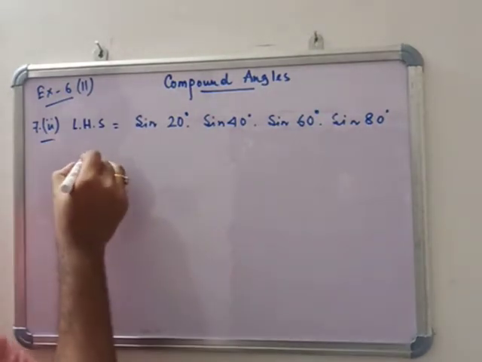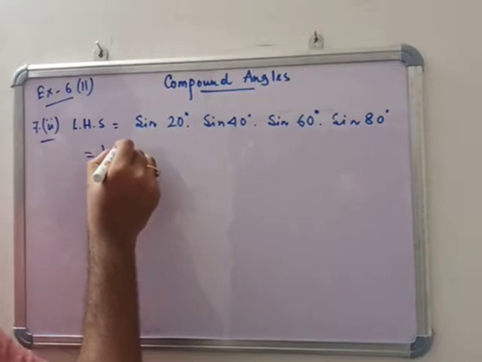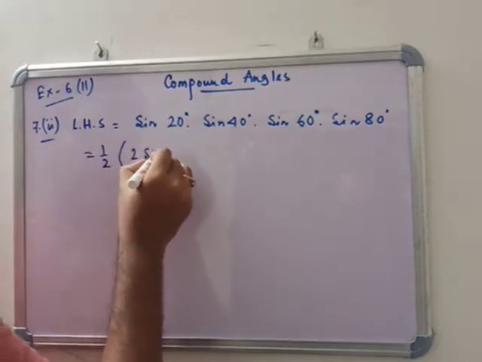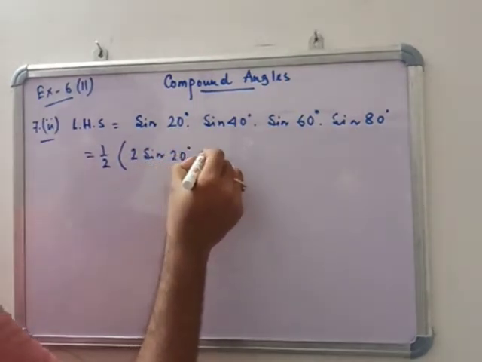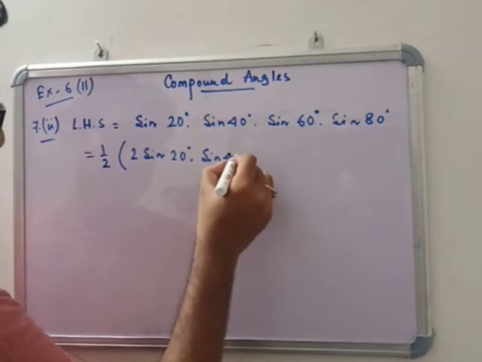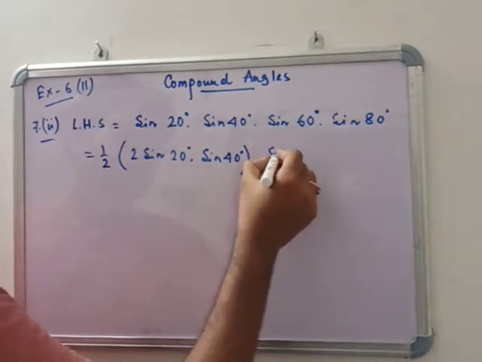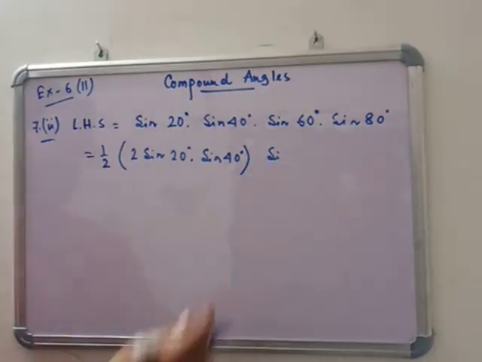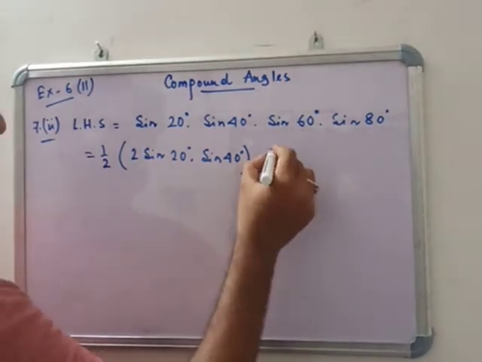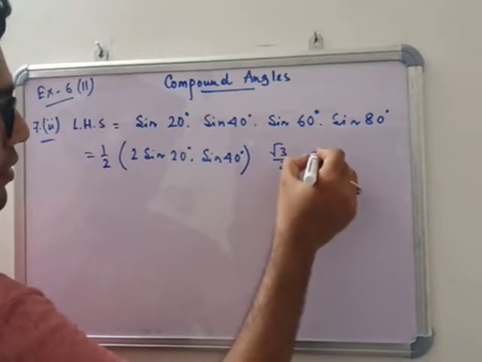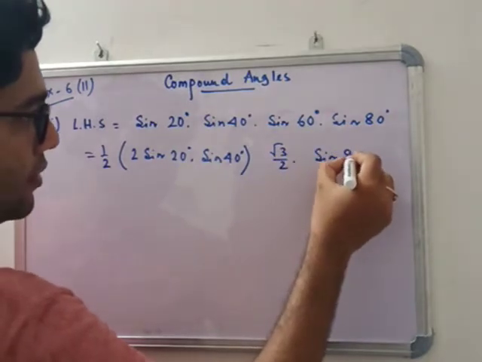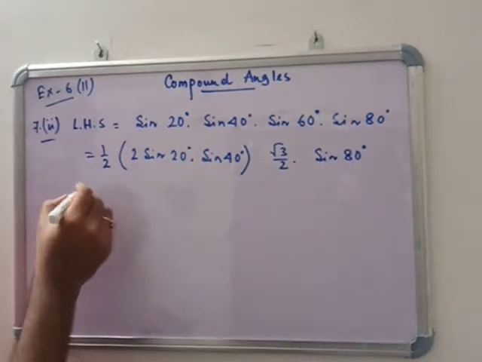So we can write here 1 by 2 sine 20 sine 40 and the remaining are sine 60. You can put the value of sine 60 here. So put it here. Okay.